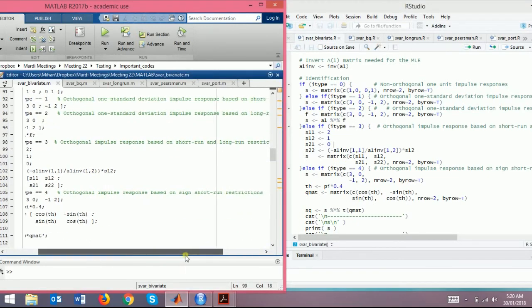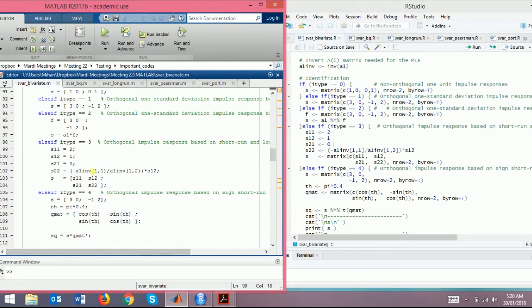Then I type 3, orthogonal impulse response based on short and long run. So what do we have here? We have S113, S22, S112. In our question is given to us S22, S121, S210.